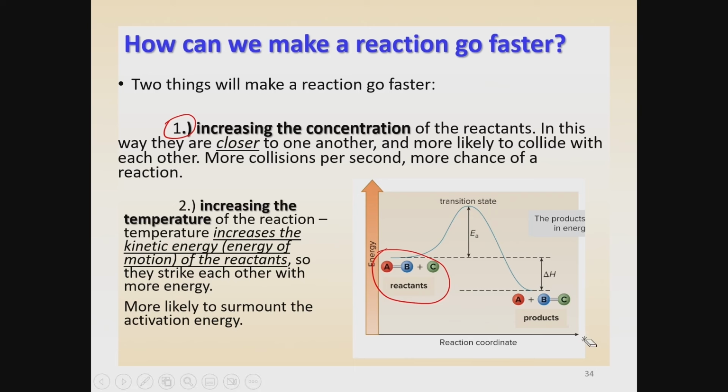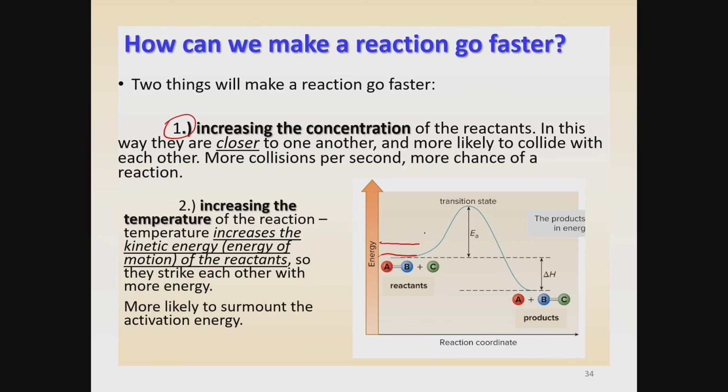But the other way of increasing the rate of reaction, making it go faster, is increasing the temperature. If you increase the temperature, it's going to increase the kinetic energy of the reactants. Right now, the average kinetic energy of these molecules is here, but if you increase the temperature of the reaction, they will have more kinetic energy, and so their energy will go higher.